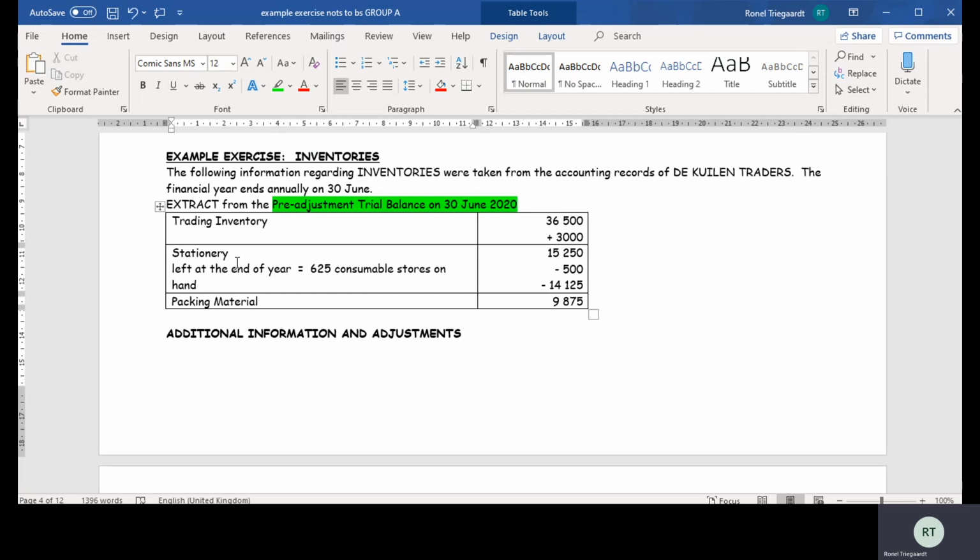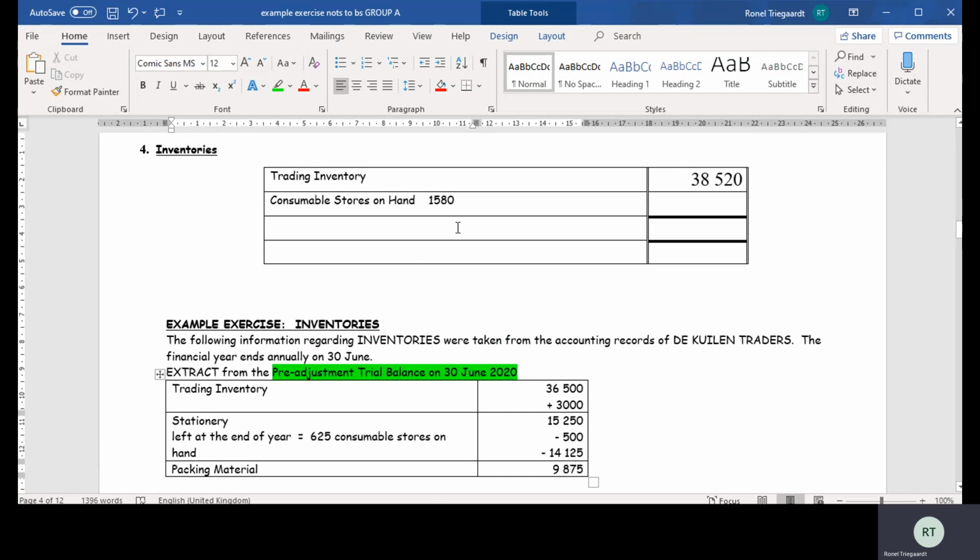What is left at the end of the year? Do you understand this, Dolphin? Is there anyone who does not understand? Anyone? So what will I do? Inside my little note, we've just calculated that we have stationery of 625. So what is the total consumable stores on hand? 2,205.